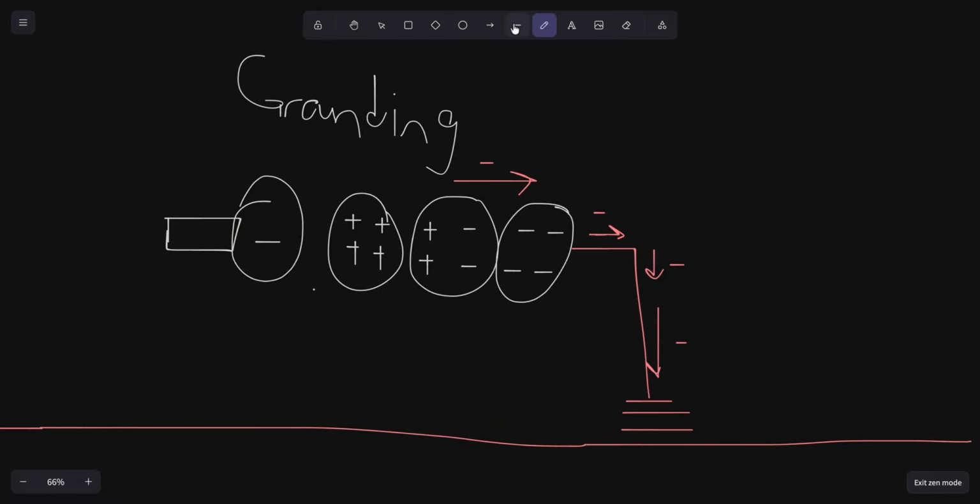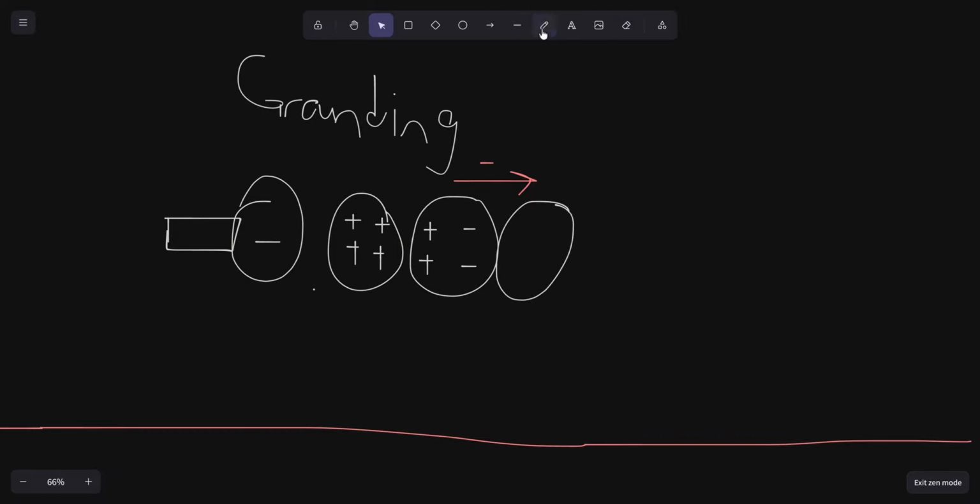And so you're going to end up with less negative charge than before. So if I connect this to the earth, the negative charges escape. And if I then remove this grounding right over here, the resulting charge would be positive, because you allowed those negative charges to escape, okay?